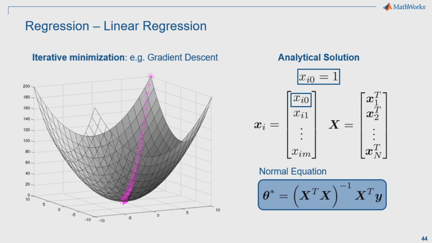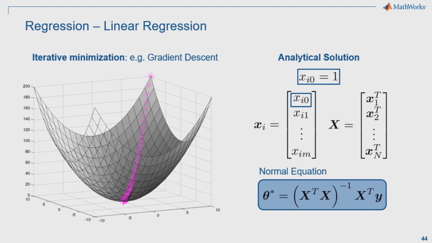There are two ways to perform regression, linear regression actually. One way is to solve the optimization problem by iterative minimization. And actually, for this very easy case of linear regression, there is also a closed form solution represented by the normal equation that you see here on the slide.